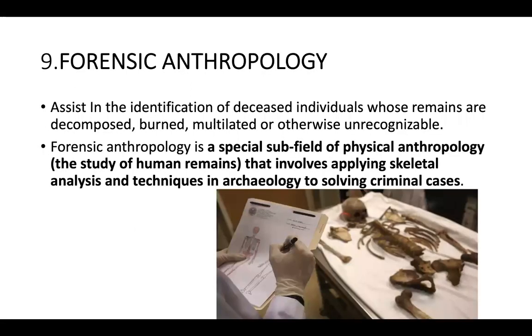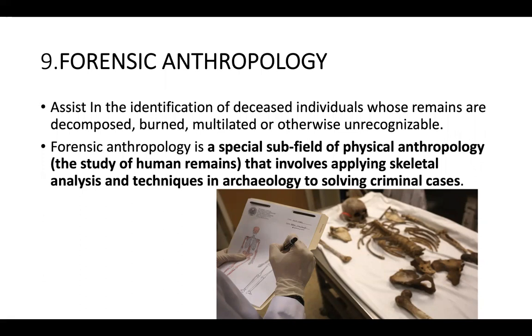Next is forensic anthropology. Forensic anthropology assists in the identification of deceased individuals whose remains are decomposed, burnt, mutilated, or otherwise unrecognizable. It is a special subfield of physical anthropology, the study of human remains, that involves applying skeletal analysis and techniques in archaeology to solve criminal cases.